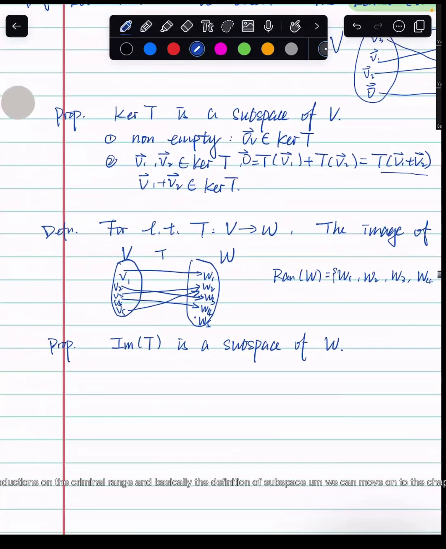We can move on to chapter 2, where we calculate the matrix.